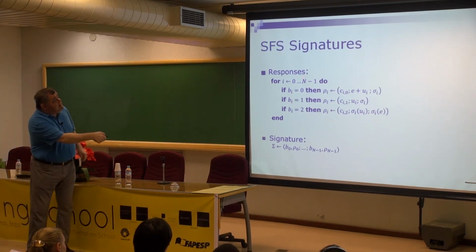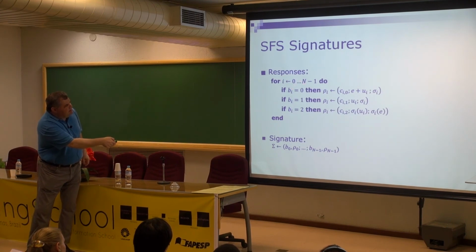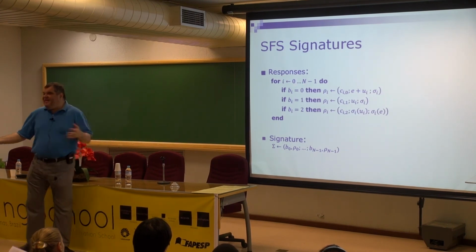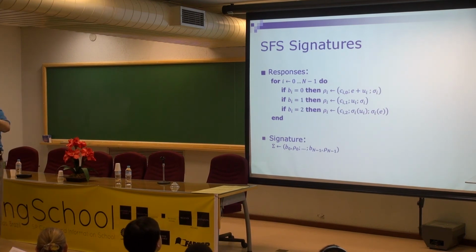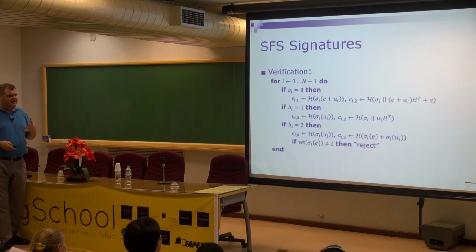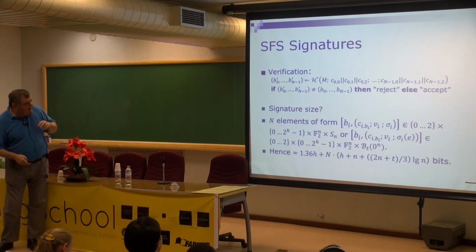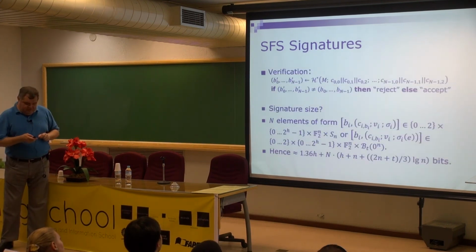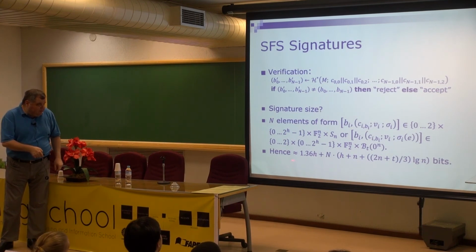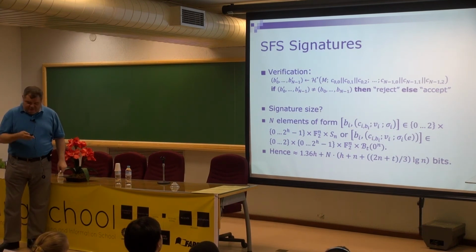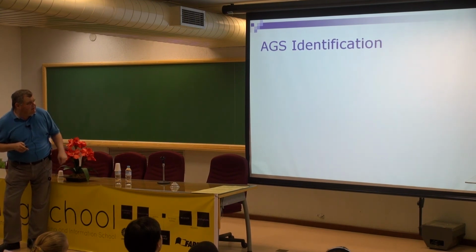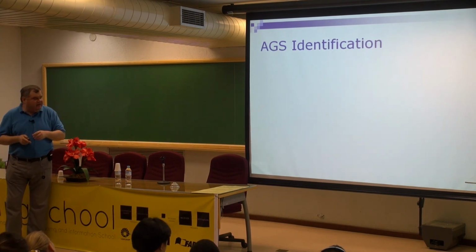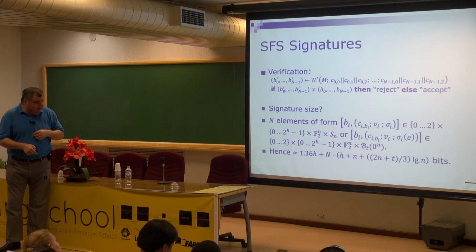Sorry. We have a loop of length n here. If n is 100, we have to repeat the same computations 100 times. So it's kind of slow. To verify, same thing. So we have here an expression for the actual signature size. I think I have it in another slide here.